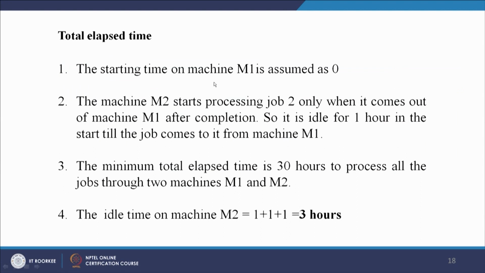The starting time on machine 1 is assumed as 0. Machine M2 starts processing job 2 only when it comes out of machine 1 after completion, so it is idle for 1 hour at the start till the job comes to it from machine M1. The minimum total elapsed time is 30 hours to process all the jobs through the 2 machines M1 and M2, and the idle time on machine M2 we have seen in 3 scenarios.